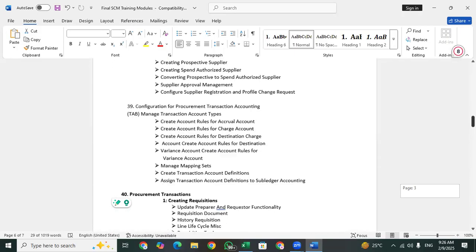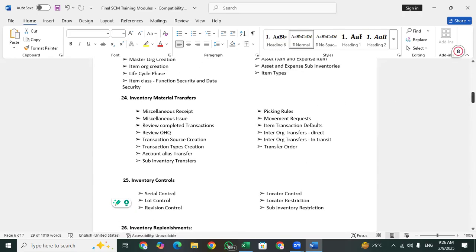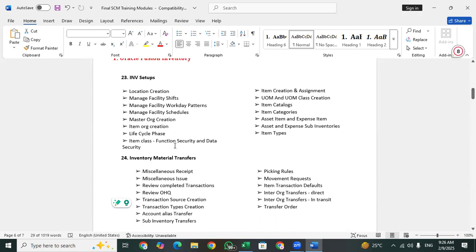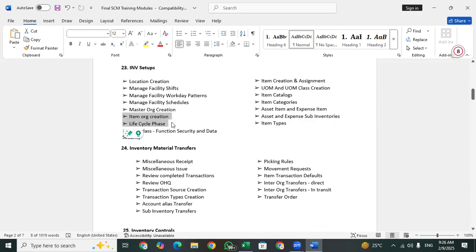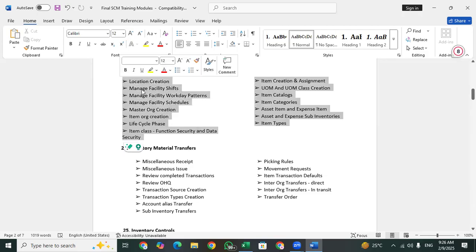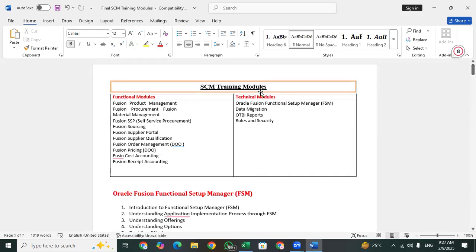Product management comes here itself, at inventory level: item types, item creations, item life cycle. Those come under inventory only, because for any inventory transaction, an item must exist. That is the reason we cover items here, in inventory setups. This is the complete module discussion.